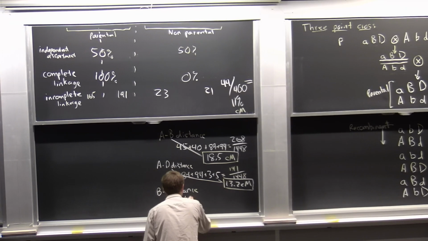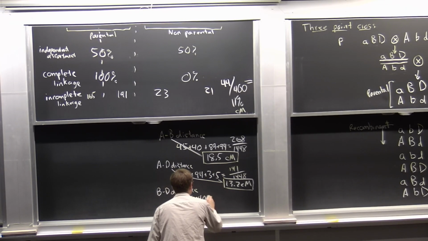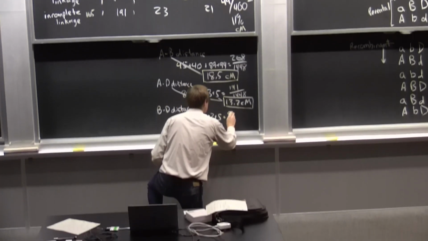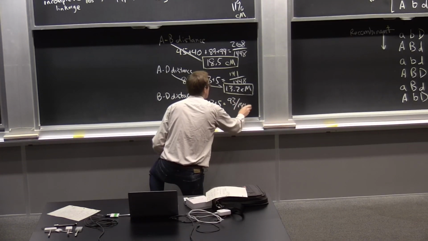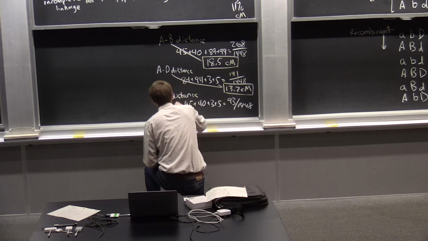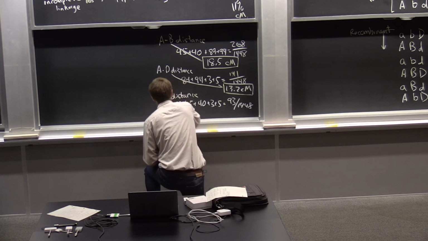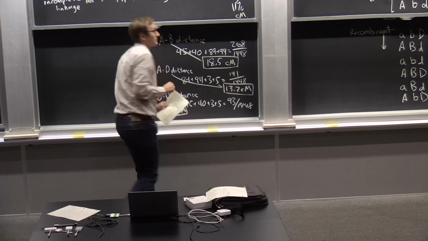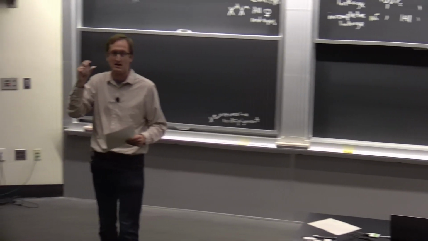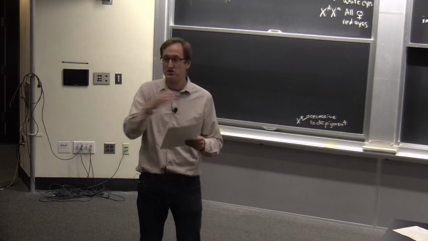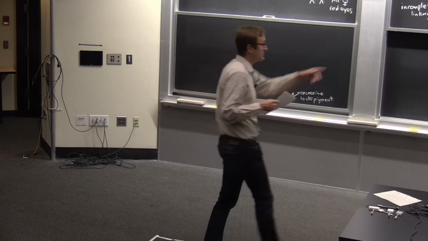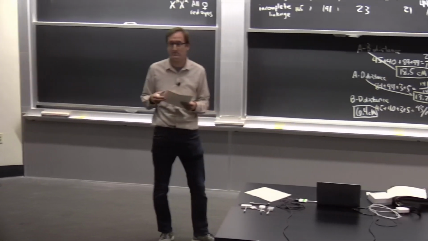So everyone see how I'm doing this? Are there any questions about it? You can just shout it out if you have a question. So this distance is 6.4 centimorgans. Everyone see how I'm considering every pairwise combination of genes and then just ignoring the other one and looking for where there's been a recombination in the progeny?